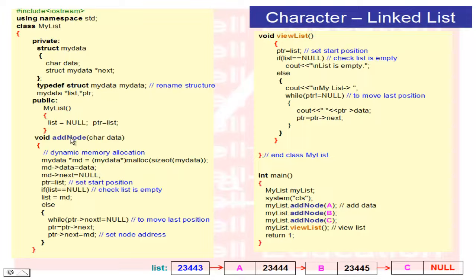Next I have created one function named addNode, receiving the parameter character data.